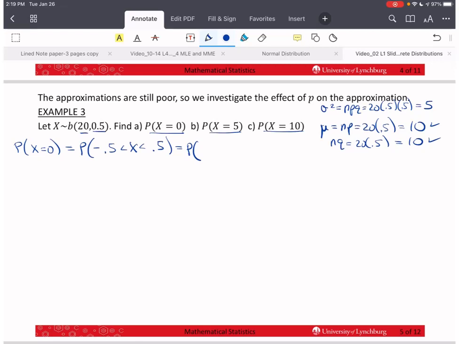All right, so I have negative 0.5 minus mu, which is 10, divided by the square root of 5. And this becomes w, and then I have positive 0.5 minus 10 over the square root of 5. And this becomes the probability that w is between negative 4.7 and negative 4.25.